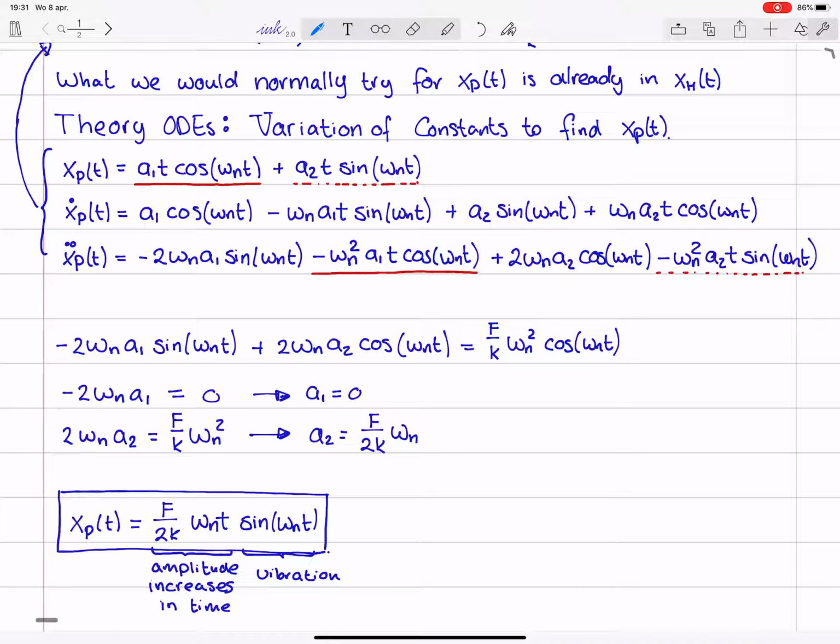Very strange. Now this is the correct solution, and what we can see here is that the solution keeps on increasing in amplitude in time. So in fact there is no such thing as a steady state here. With every additional oscillation, energy is being put into the system. The amplitude keeps on increasing and increasing. So this is what we will call resonance.